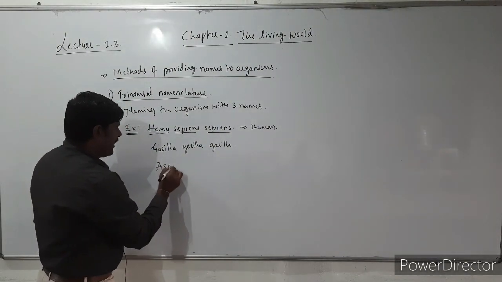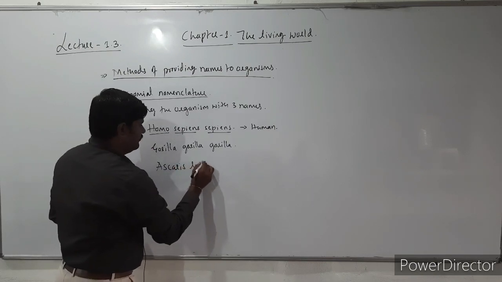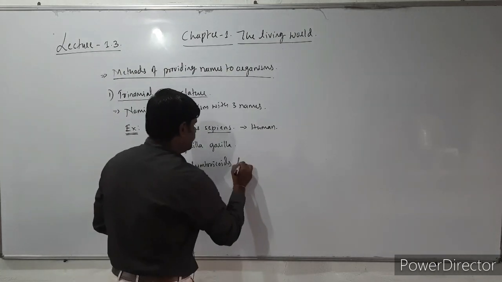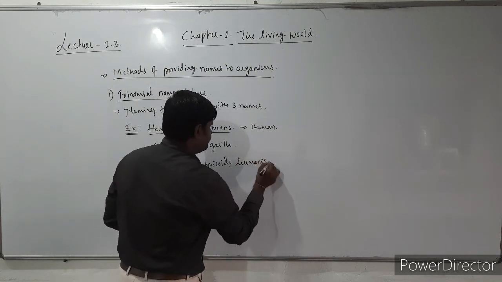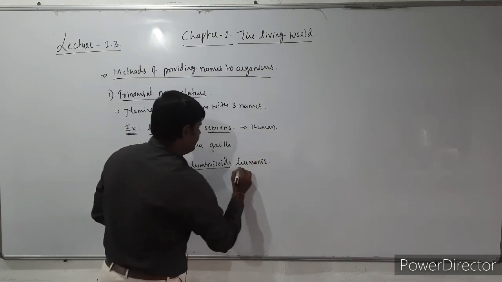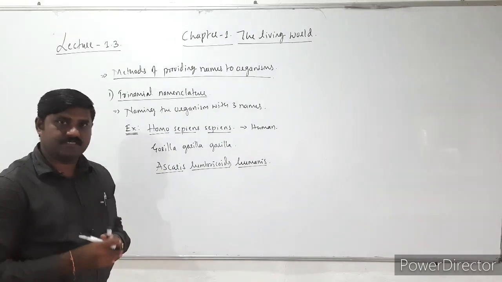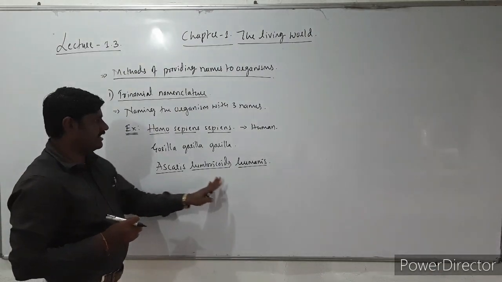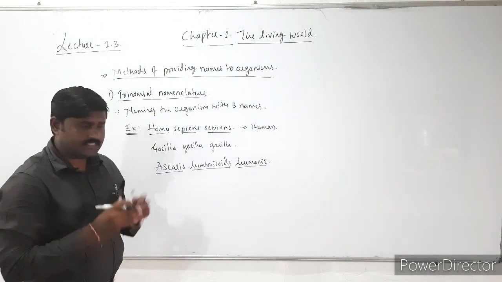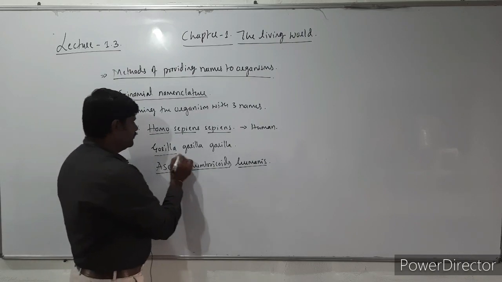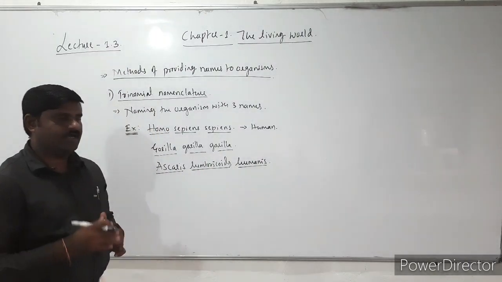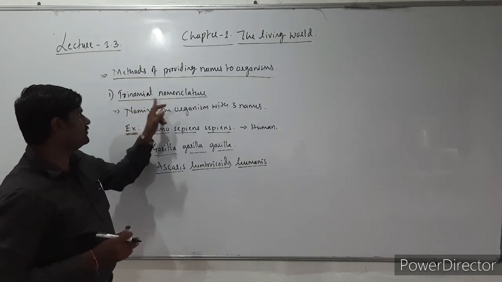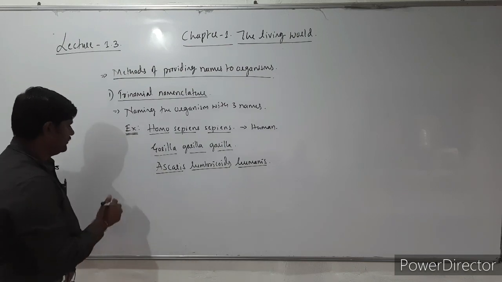And Ascaris lumbricoides humanis is the scientific name of the Ascaris, that is a roundworm, as we had seen in the bridge course, right? Like this, three names are used for naming an organism. This is one method of naming the organism, that is trinomial nomenclature.